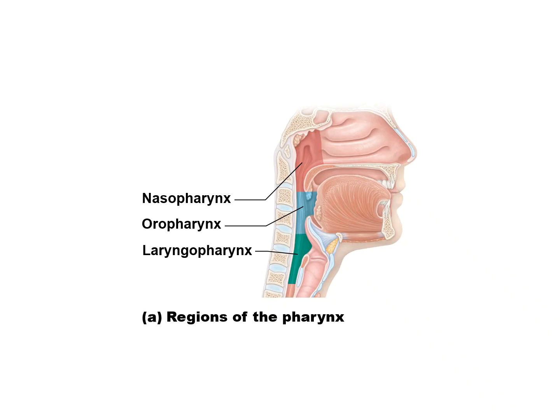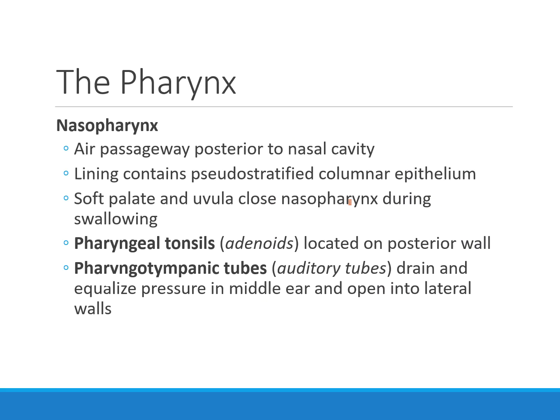The area behind the nose down to the tip of the uvula, that's the little pointy thing that we'll talk about, is the nasopharynx, and that's in red. And then from the uvula down to the epiglottis, which is blue, the blue area is called the oropharynx, and then the area behind the larynx is called the laryngopharynx.